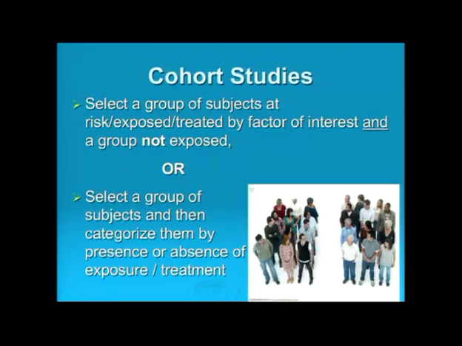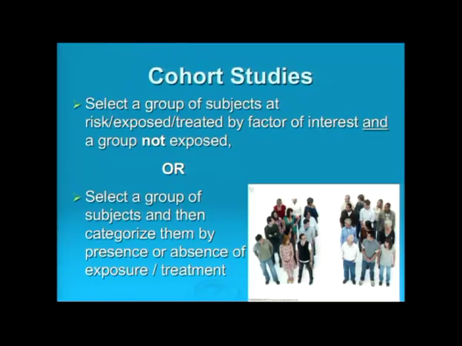Or the other alternative in a cohort study is to identify and recruit a large group of subjects and then test them or evaluate them and divide them into a group of exposed and unexposed.